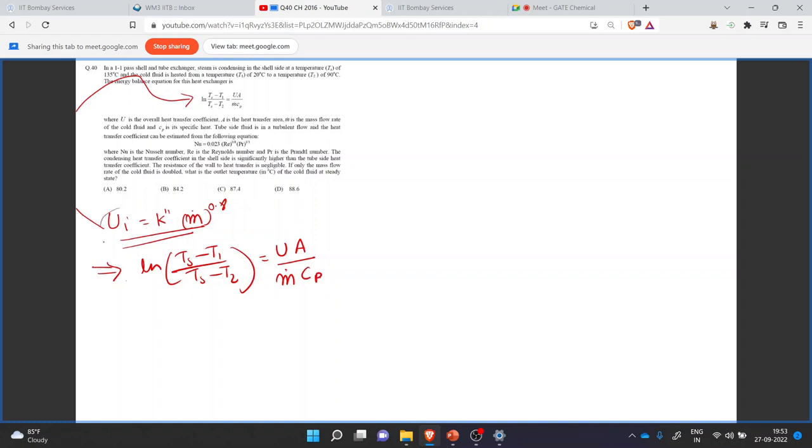Here we know that U is proportional to m dot raised to 0.8, so you can write it as a double dash m dot raised to 0.8, into area upon m dot Cp. Again, area and Cp will remain constant, so we just call it a triple dash, equal to m dot raised to 0.8 minus 1, which becomes minus 0.2.